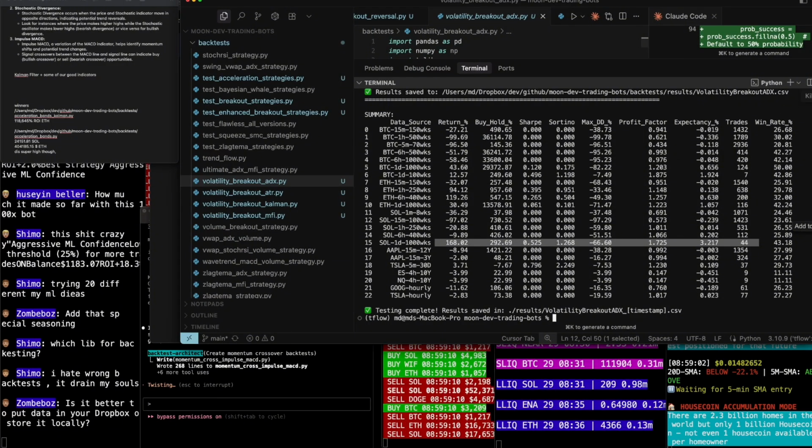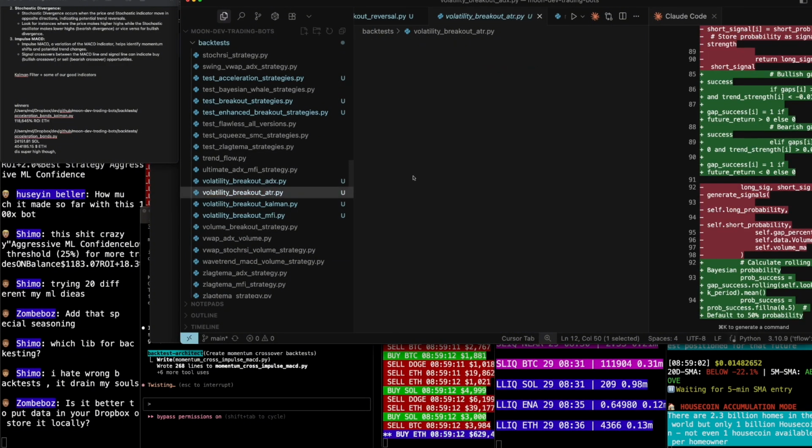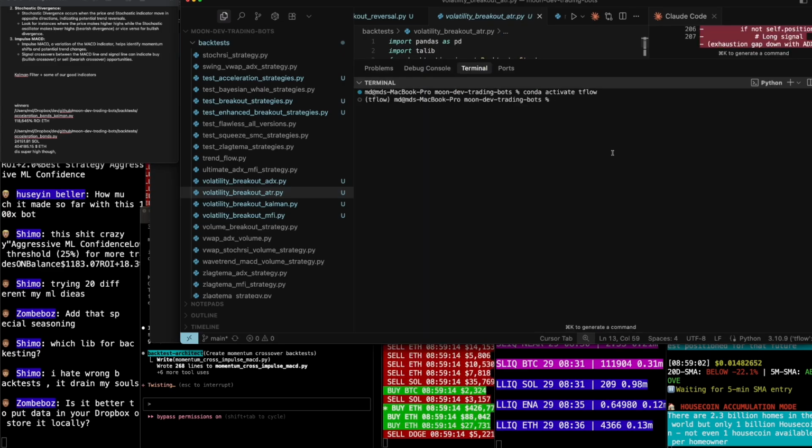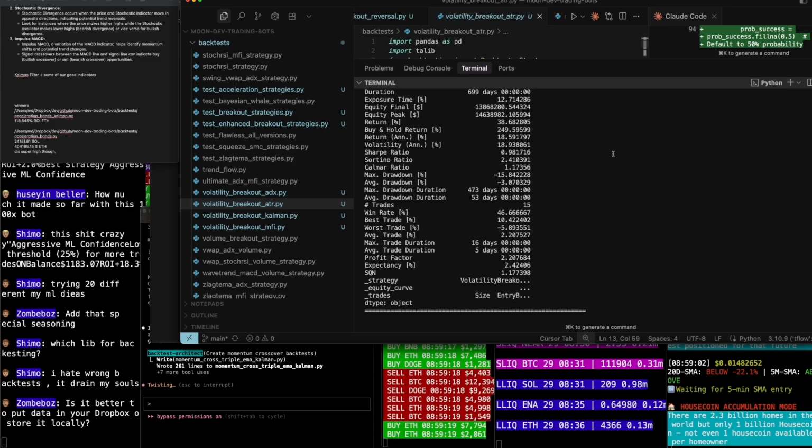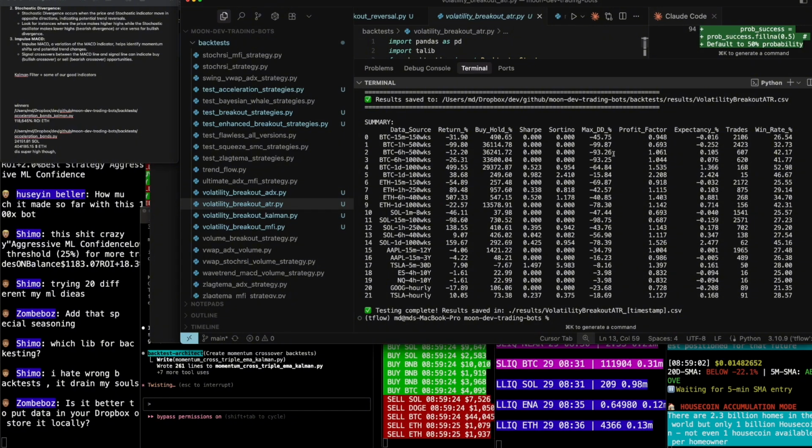Drawdown's pretty high still. Let's go ahead and keep it pushing. Try the ATR breakout. 507, 138, 159.